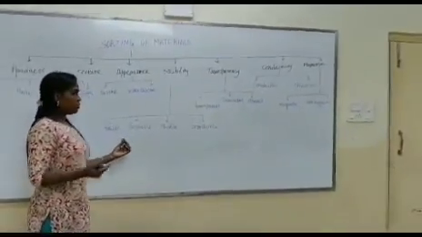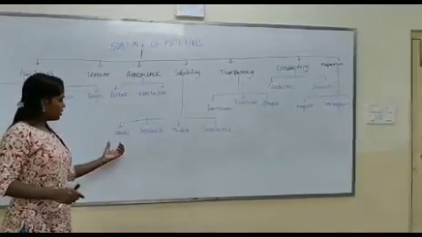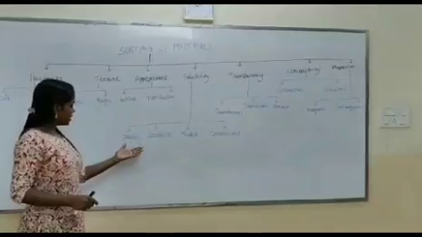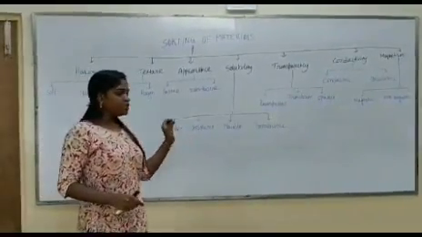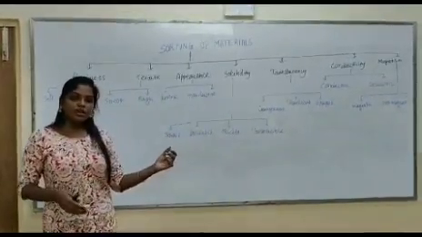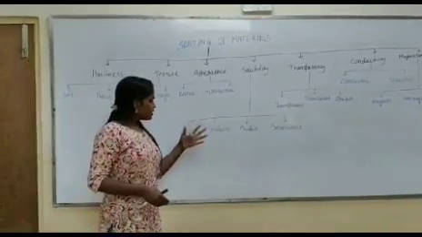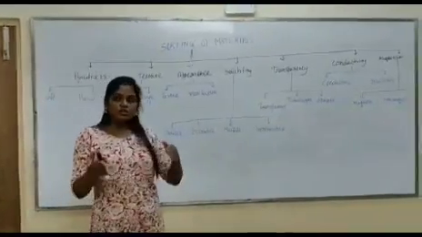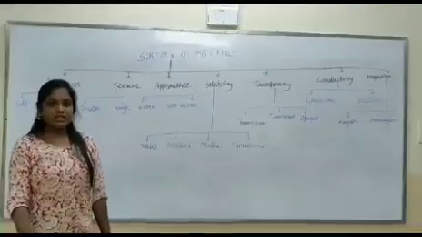If the solid dissolves in water, it is called a soluble particle, and if the solute does not dissolve in the solvent, it is called an insoluble particle. Like sugar in water: sugar dissolves in water, so this is an example of a soluble substance, and chalk powder in water is insoluble, because chalk doesn't dissolve in water.